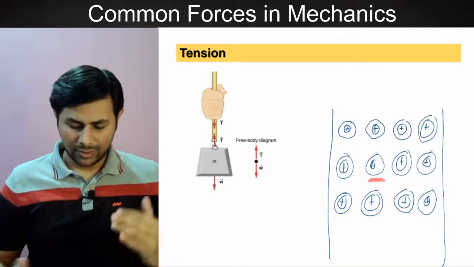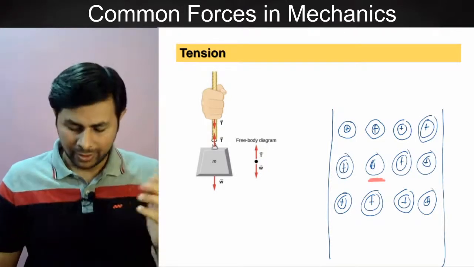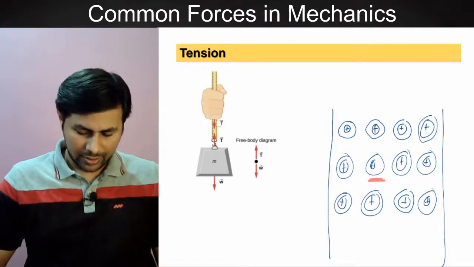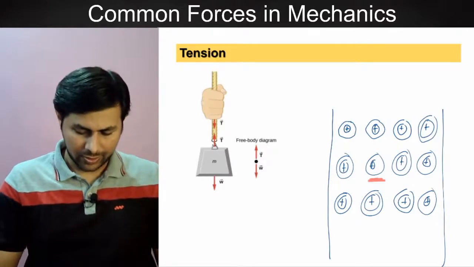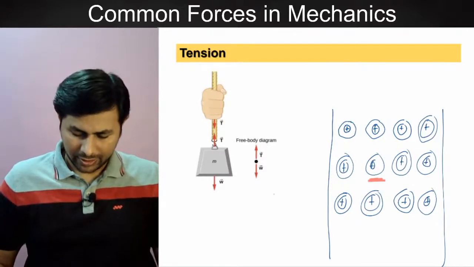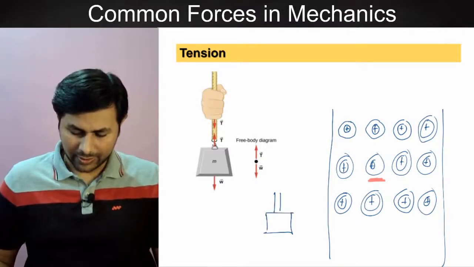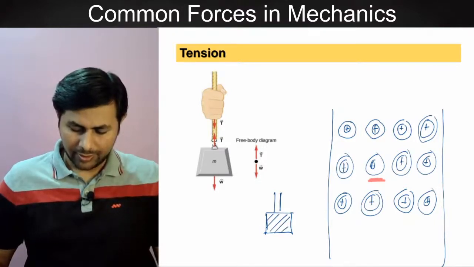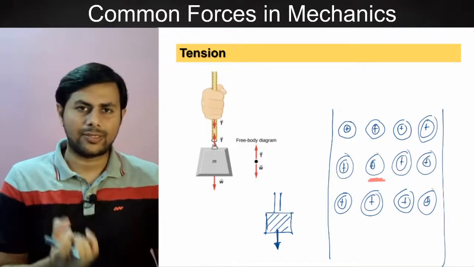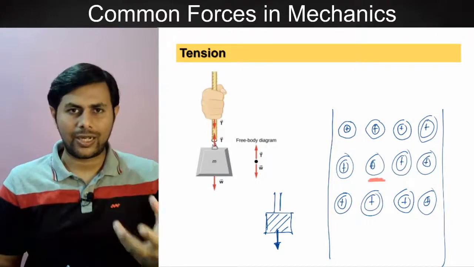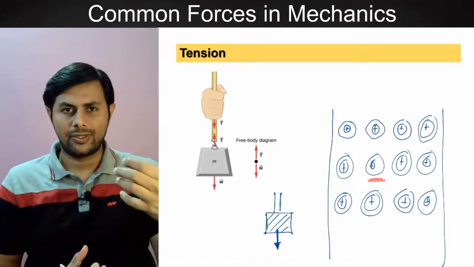Okay, so the same thing happens for this rope. Let's suppose we have this rope and we connect a mass over here. There is gravitational force which pulls that mass downwards, due to which this rope, the string or wire, gets stretched.